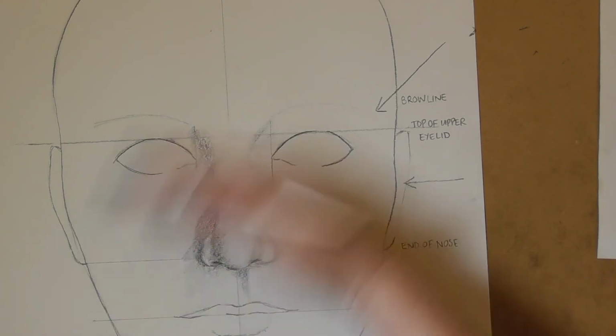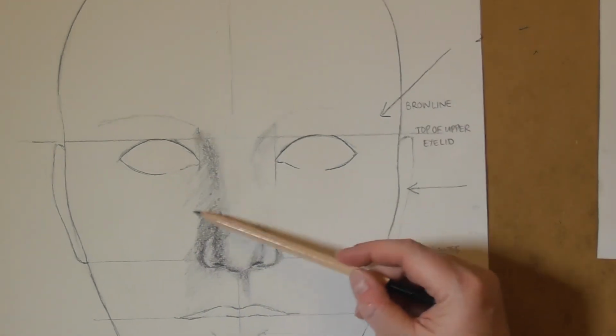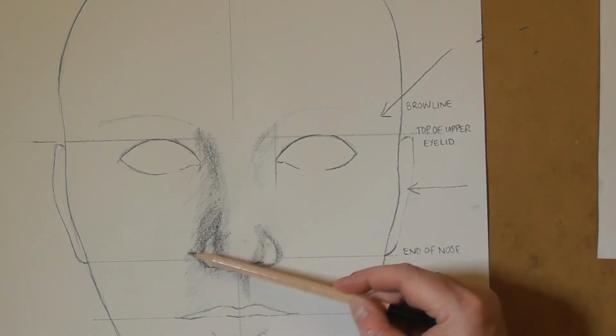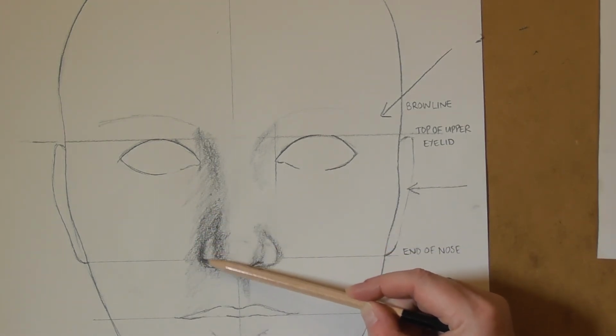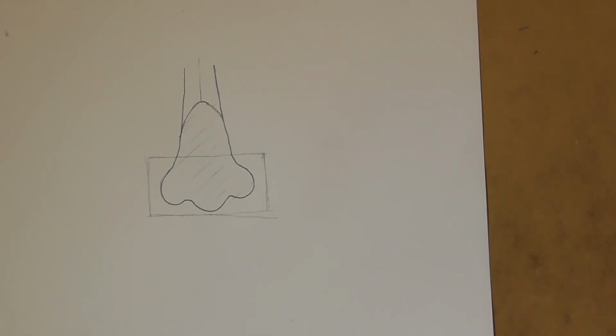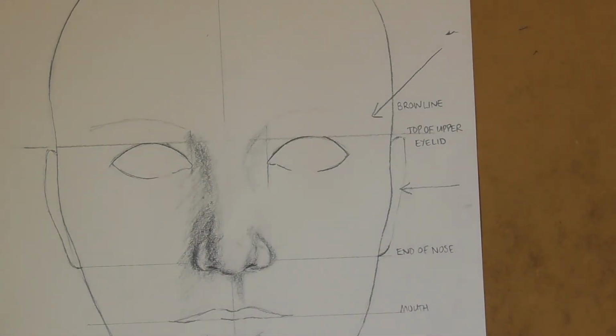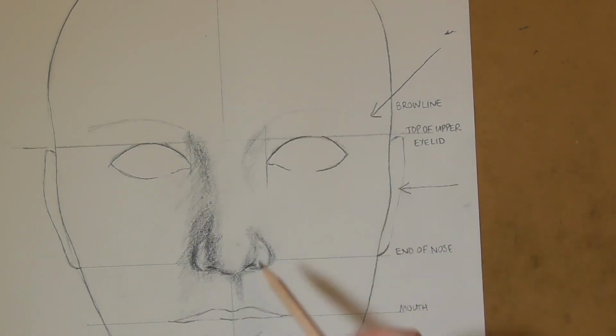And there you go, you have something that looks more like an actual nose on the face that's quite different to the one we started out with. Okay, so basically that's our nose drawing.